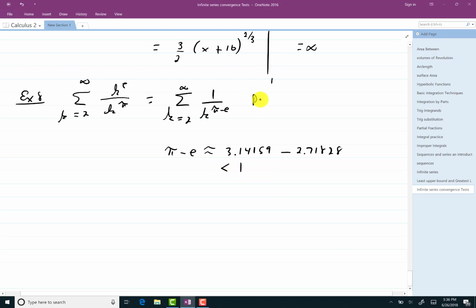So this diverges by the P series test. You can only use the P series test when it's of the form 1 over k to the p. Pi minus e is not greater than 1.